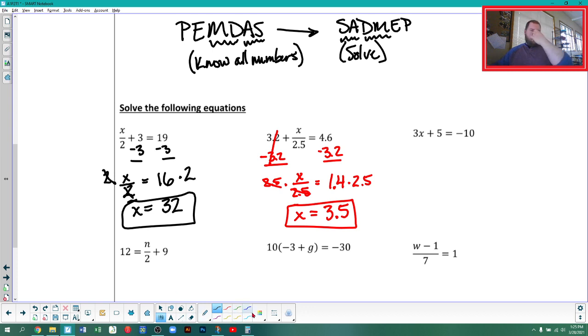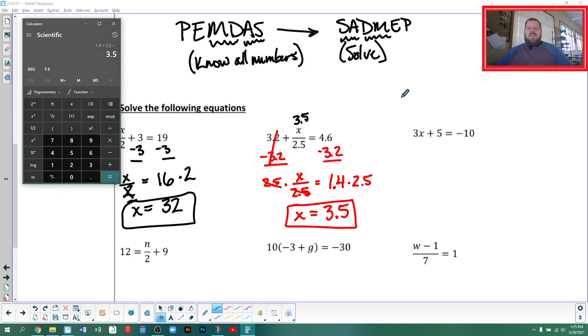And then keep in mind, when I'm solving equations, I can always go back and check. I can say, well, x is supposed to be 3.5. Let's test that. 3.5 divided by 2.5 is 1.4. If I add that to 3.2, I get 4.6. I didn't show any of that checking work, but I can do it. I can always go back and check my answer.